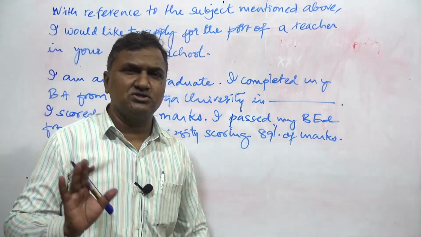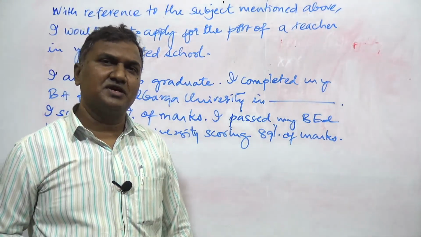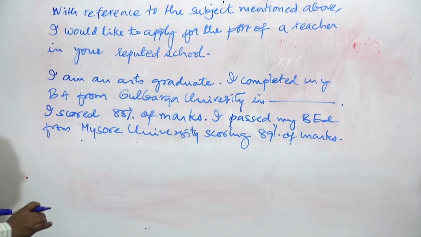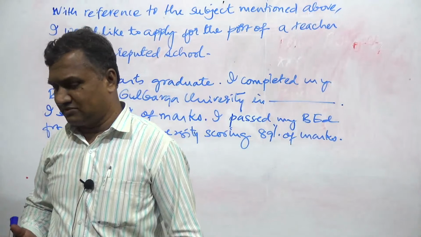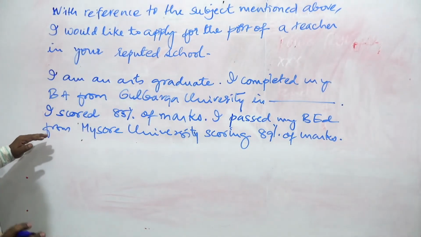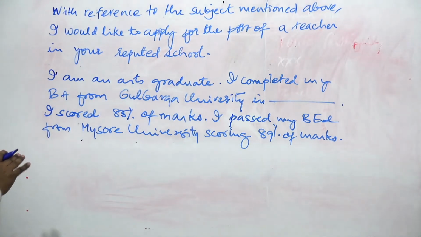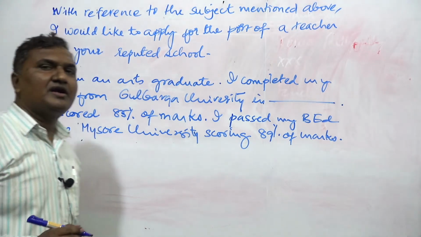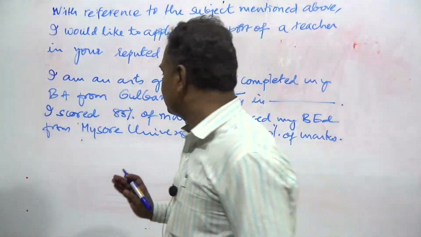Keep the sentences very short so that you make minimum mistakes. You have to state your qualification. This can be written in high-flown language also, that we can do at some other point. Now, if necessary, you can mention some experience.